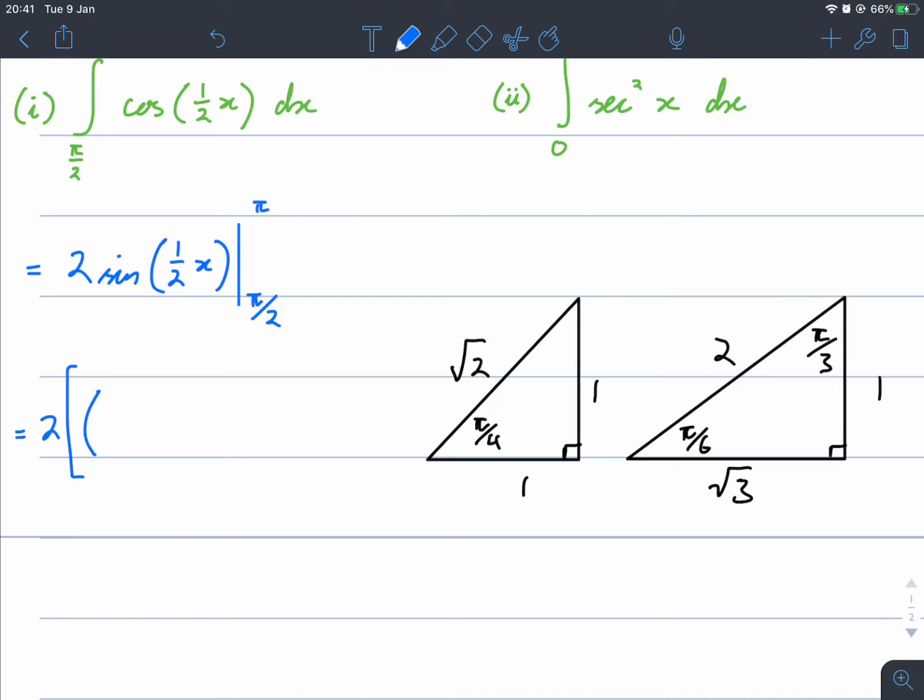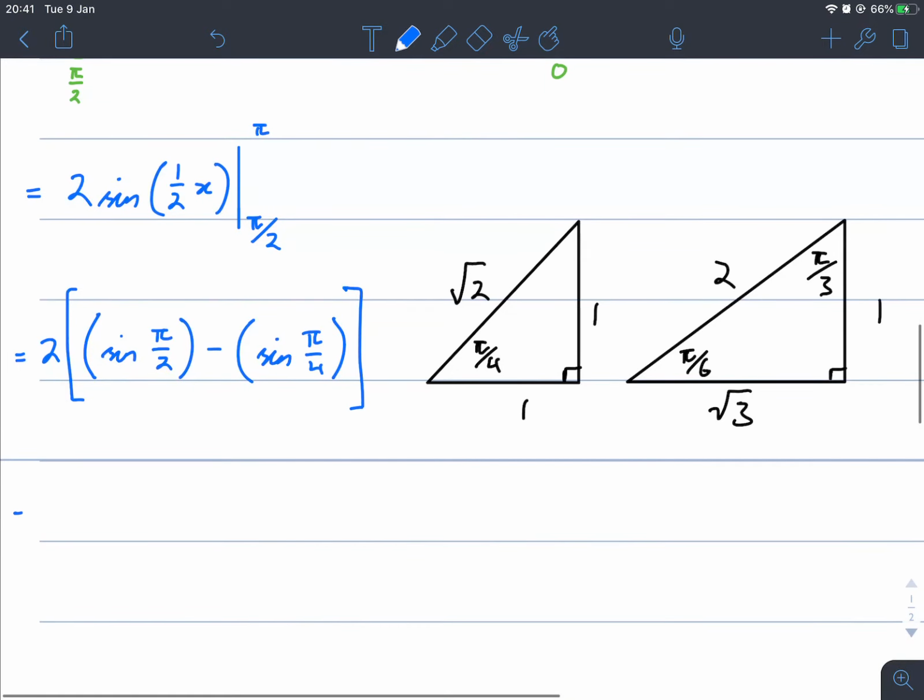Now I substitute the values: sine pi on 2 minus sine of half of pi on 2, which is pi on 4. Sine of 90, or sine of pi on 2, is just 1, minus sine pi on 4, which is 1 on √2.